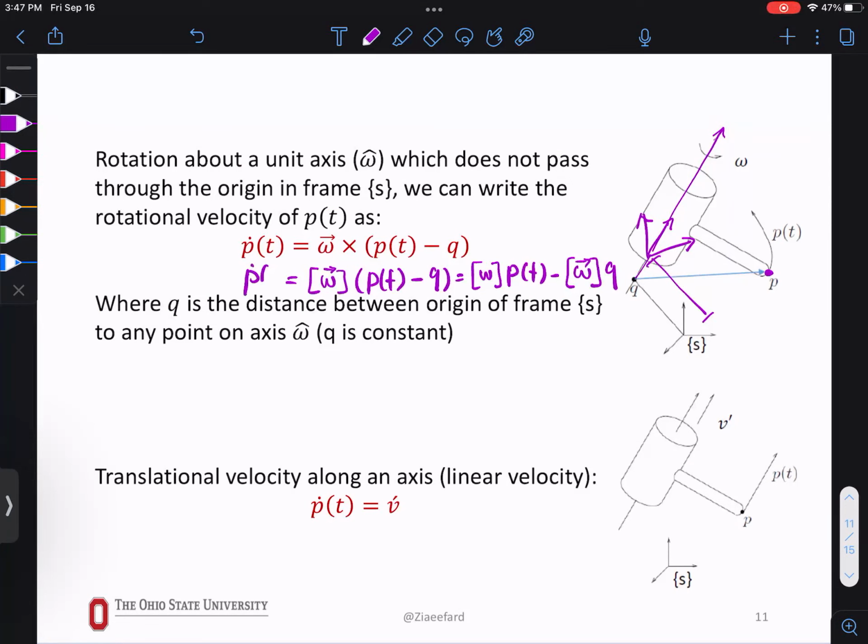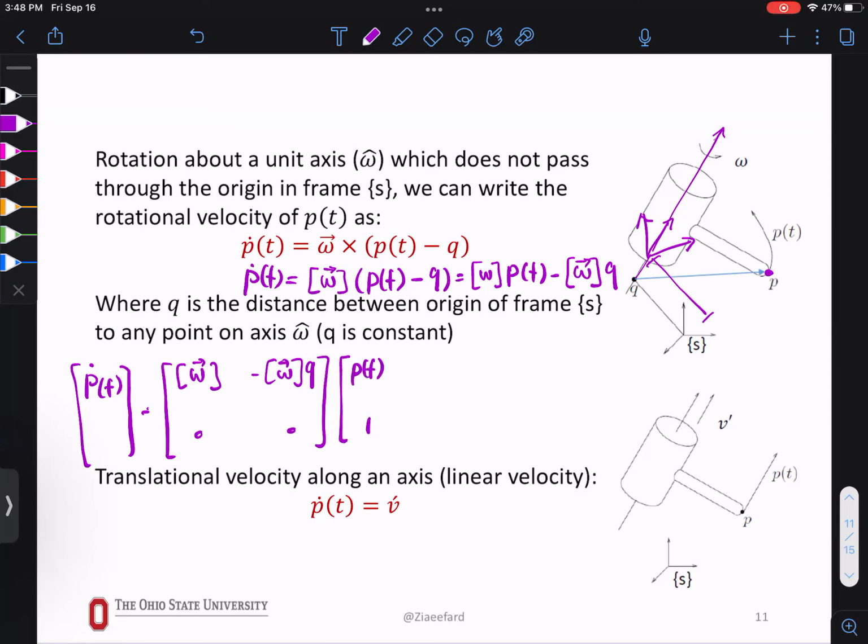So this was P dot of t. So I can write this in matrix form. So this is the right side compared to that right side.